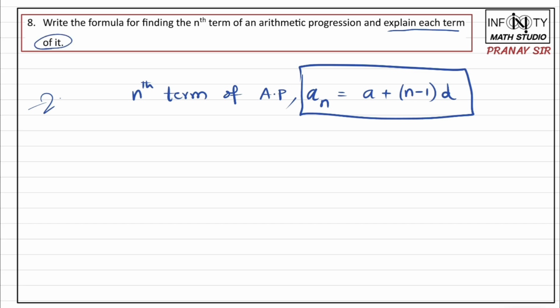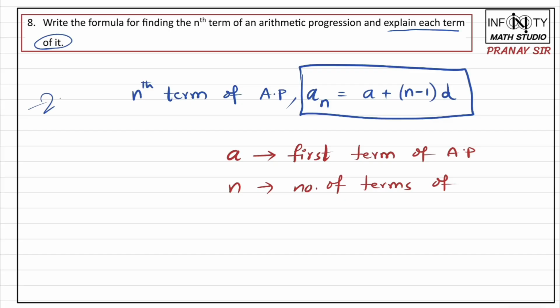Explain each term of it. So we need to explain each term. First of all, a is called the first term of the AP, the very first term. And here n is the number of terms. Next, d is nothing but the common difference.